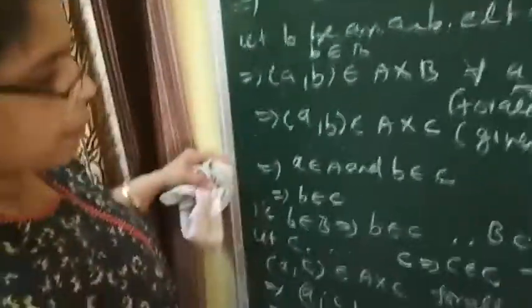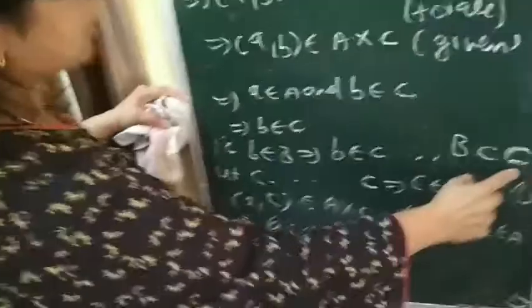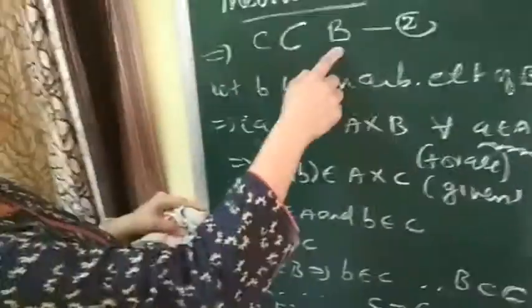What is the first equation? B is a subset of C. Second equation, C is a subset of B.